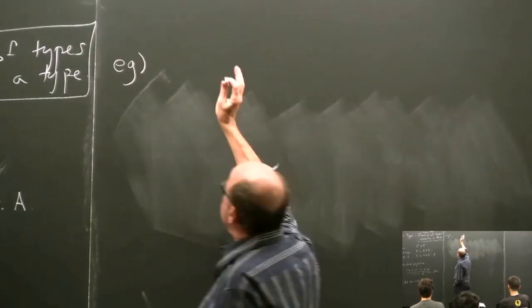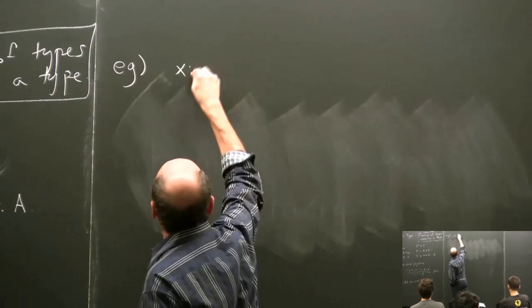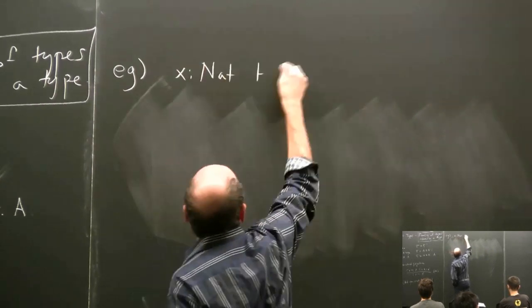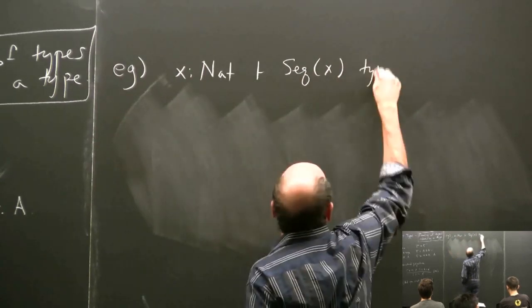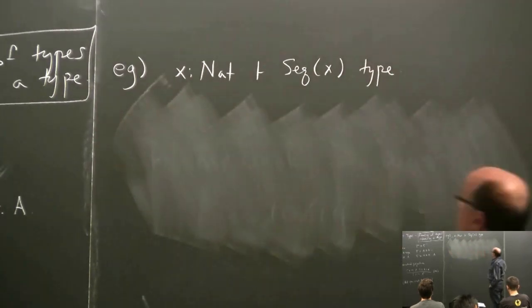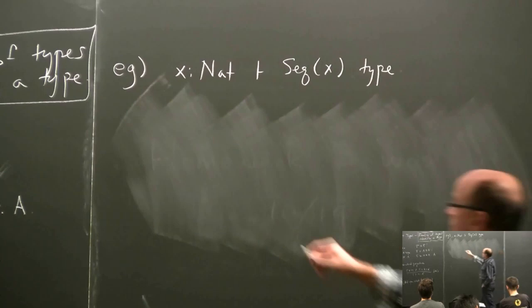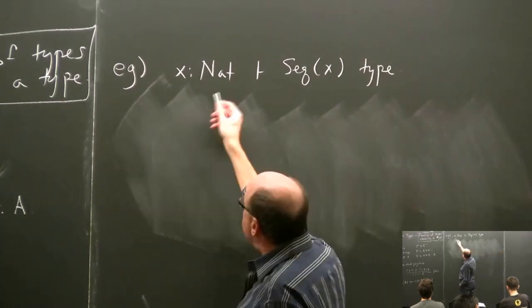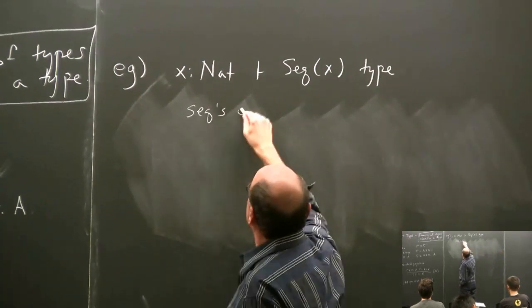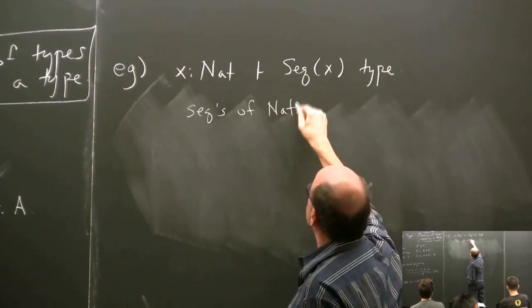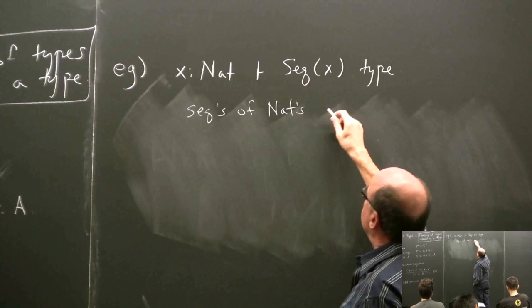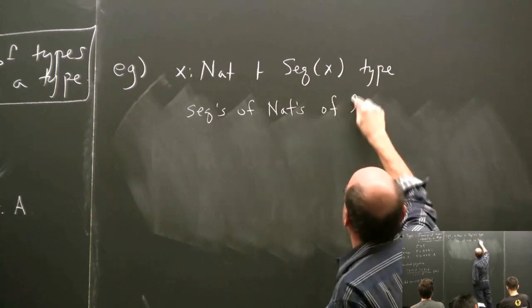I gave a fairly obvious example: the sequences of natural numbers of length x. This could represent the family of types of sequences, and just for specificity, of nats. That's not so important to me. What I really care about is that it's of length x.